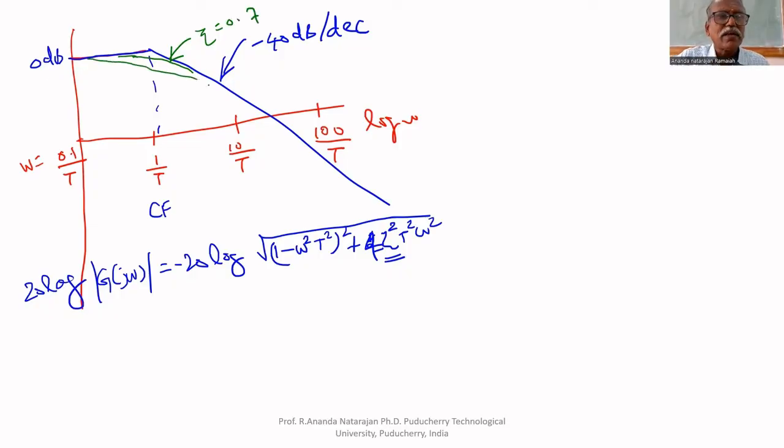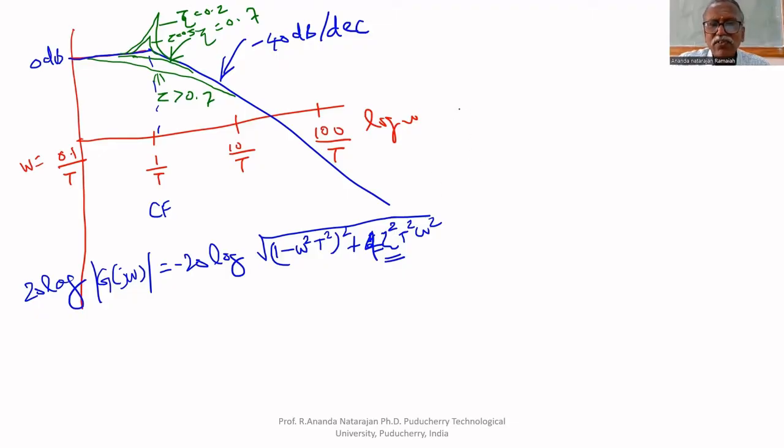If you increase further, it will be more sluggish, maybe zeta greater than 0.7. If it decreases, what will happen? Suppose zeta is 0.2, it will come like this. This is zeta equal to 0.5. Like that. So there will be a large error at corner frequency for second order system. That is the only drawback. Anyhow, for 0.7, it gives approximately this value. If zeta equal to 0.7, it gives almost minimum error.